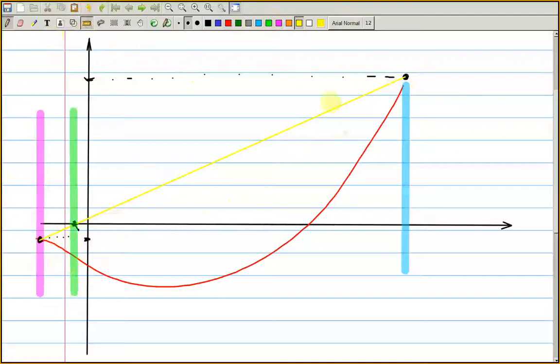The new solution location now would be right there.